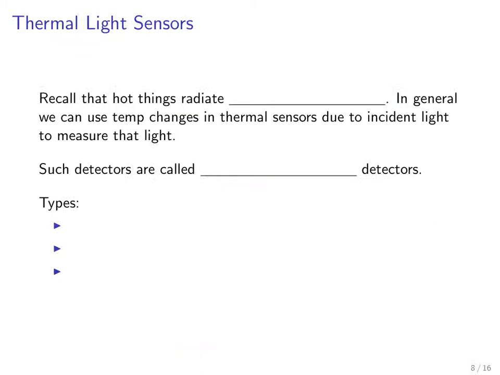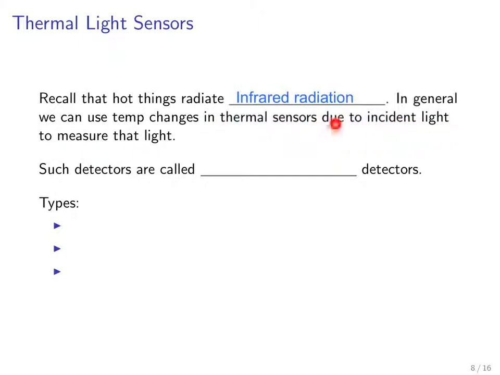Okay? So recall from earlier that hot things radiate infrared radiation. And in general, then, we can use temperature changes in thermal sensors, right? So not actual light sensors necessarily, but thermal sensors, due to incident light to measure that light.